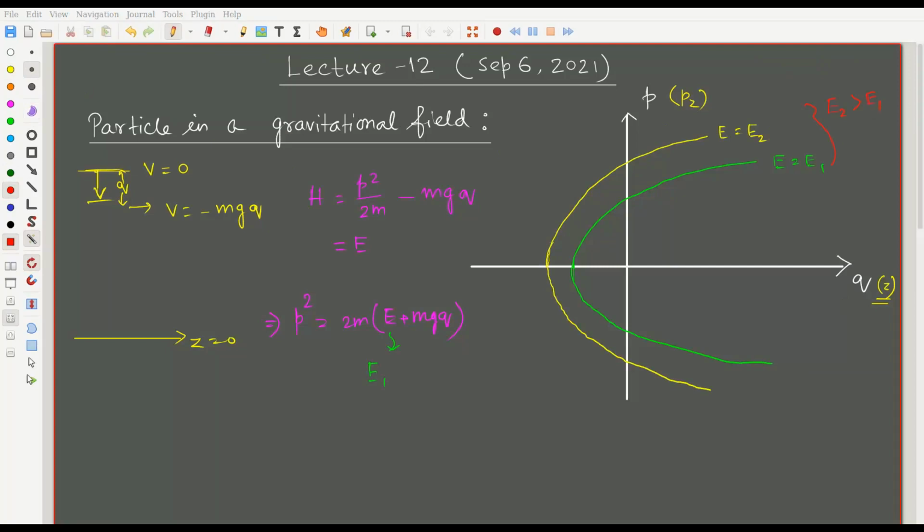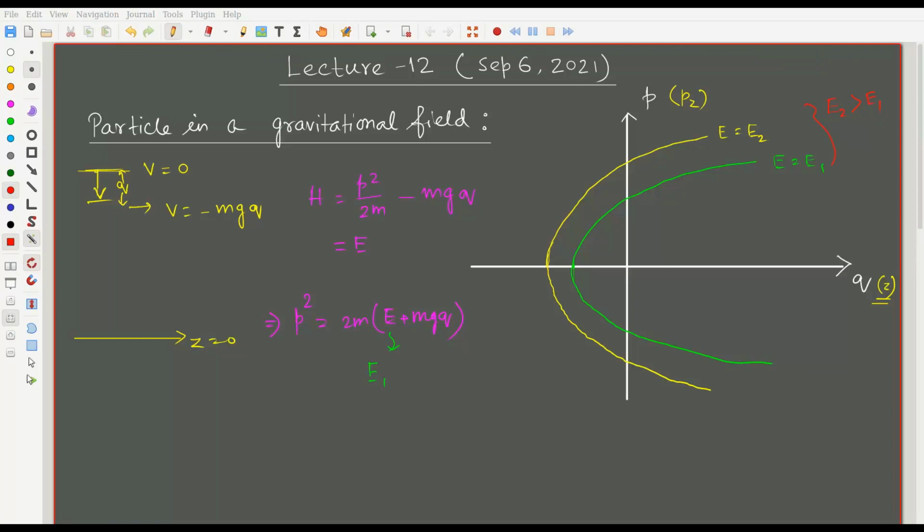The next thing I want to understand is whether there is any general property, when a system evolves along these constant energy contours of the phase space, about the evolution.